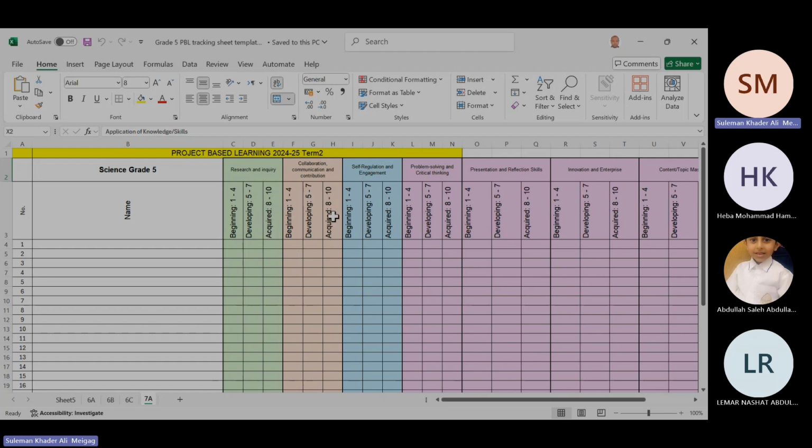Then another here, how you work together, communicate together, how much you take part. So collaboration, communication, and contribution. Okay, and then each one again, the lowest 1 to 4, developing in the middle 5 to 7. These are the marks that I will give for the project, and the highest 8 to 10.